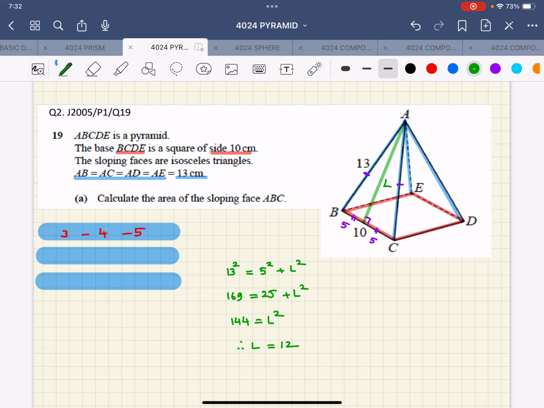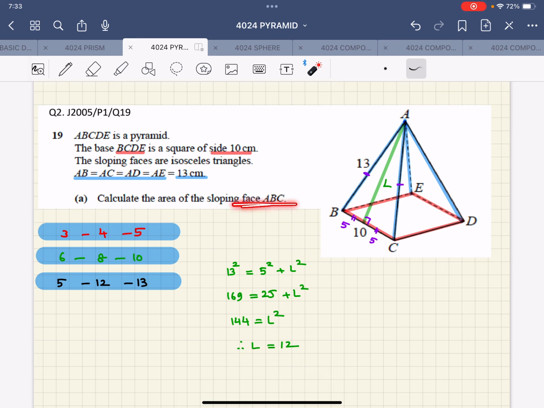Double of that is 6, 8 and 10. And then the next important one is 5, 12 and 13. As soon as I pointed out 13 and 5, I knew that this length would be 12. It's just a formality that I have to do the calculation, but I have to do it. So L is equal to 12.